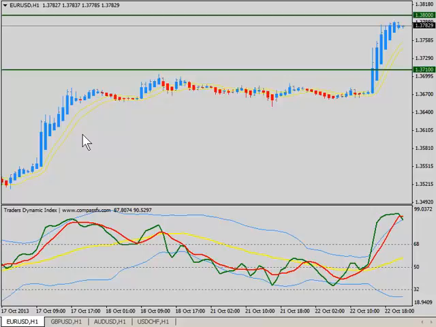Now the interesting thing is when price doesn't do what we see in the Trader's Dynamic Index. And this was a perfect setup yesterday to potentially see the market make a move to the upside. Let me talk about that a little bit more in detail because that's exactly what happened in both the euro dollar and in the pound dollar.